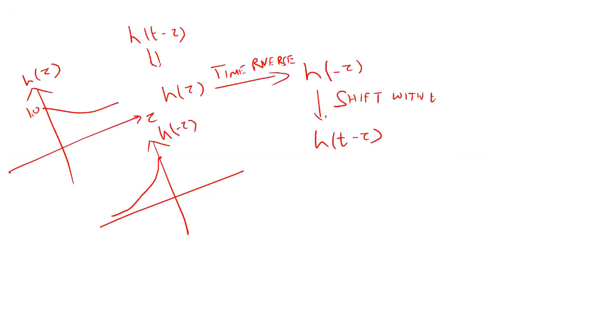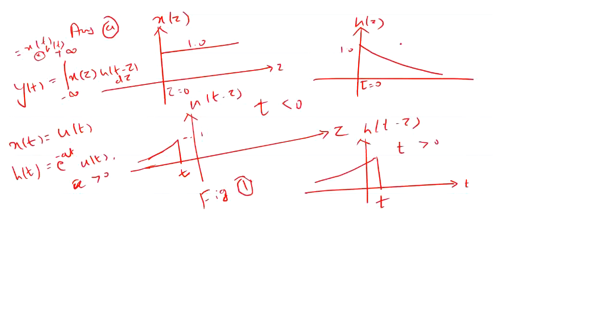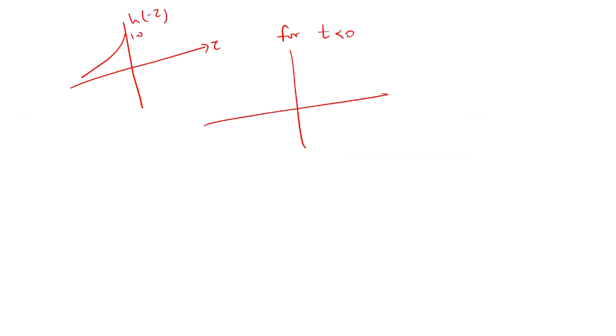Now we have two cases. The first case is if we consider t greater than 0. So this is our h(minus tau) graph. Now if we consider t less than 0, the shift is obviously towards the left-hand side, away from the origin.